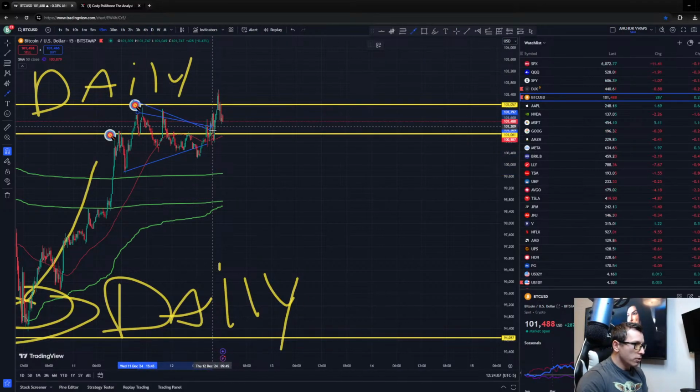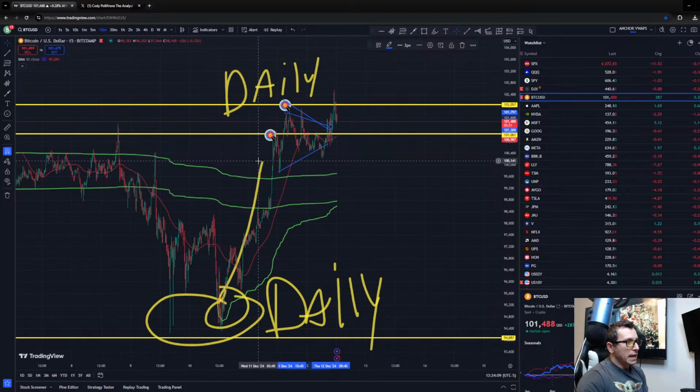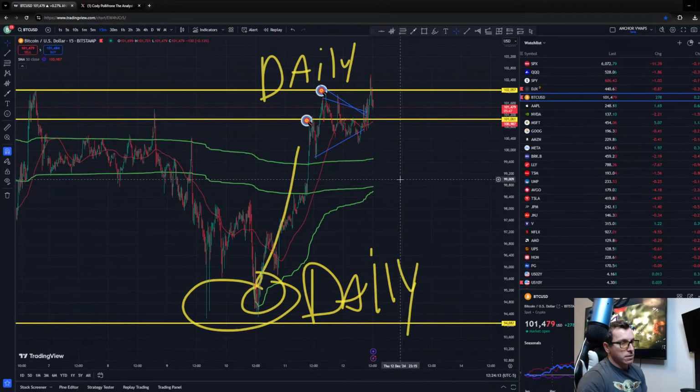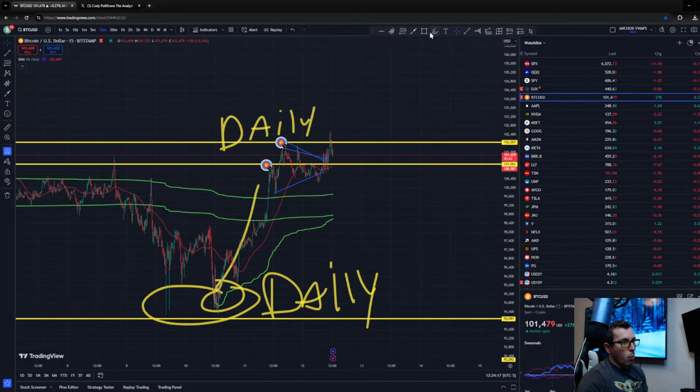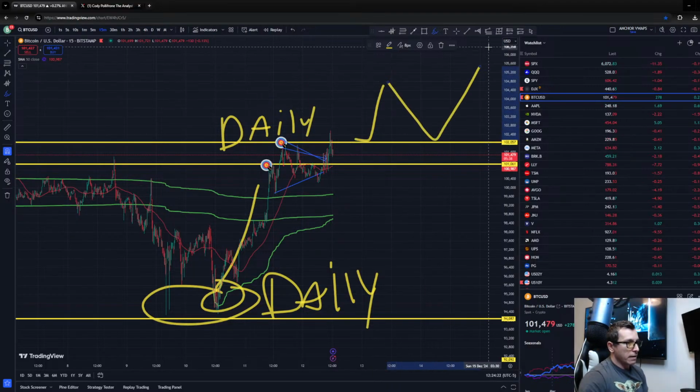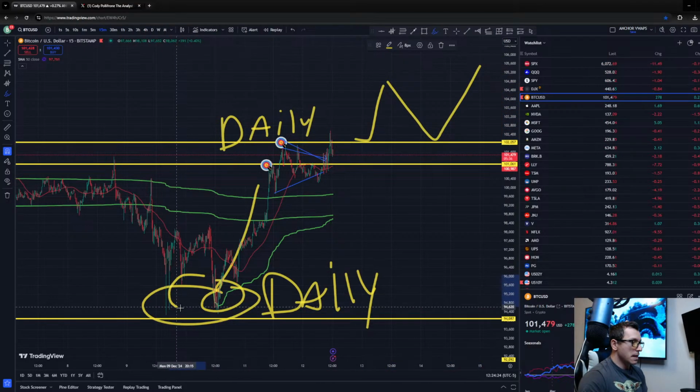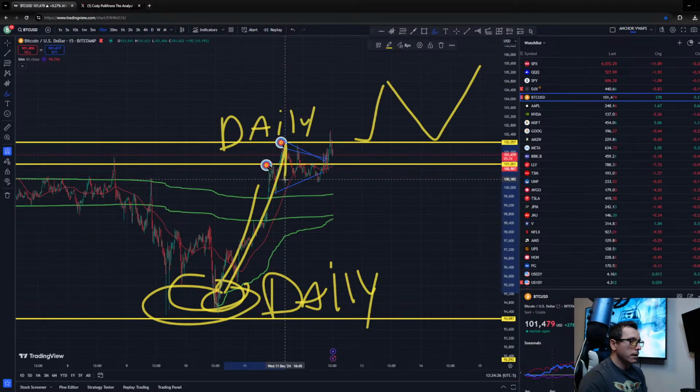So when we get over this, then it's going to be long. But the reality is whatever wedge this is, it's just really into the daily resistance targets. So really what matters is when this thing actually gets over it. And then you'll look for a back test, right? So right now it's just from daily support into daily long target.